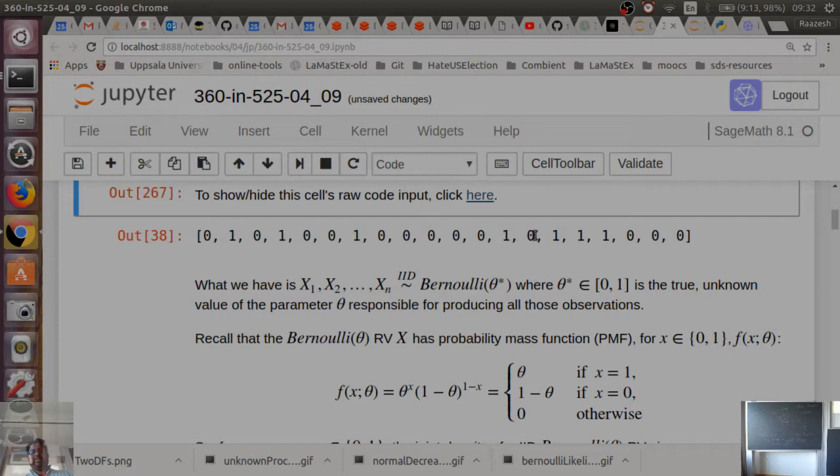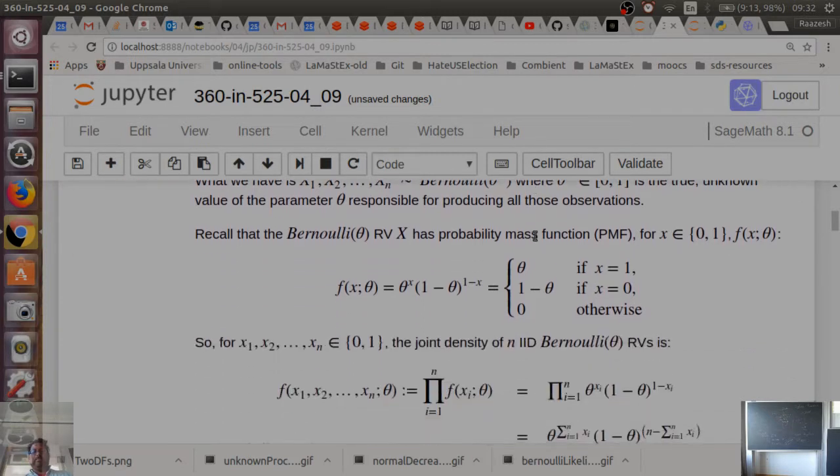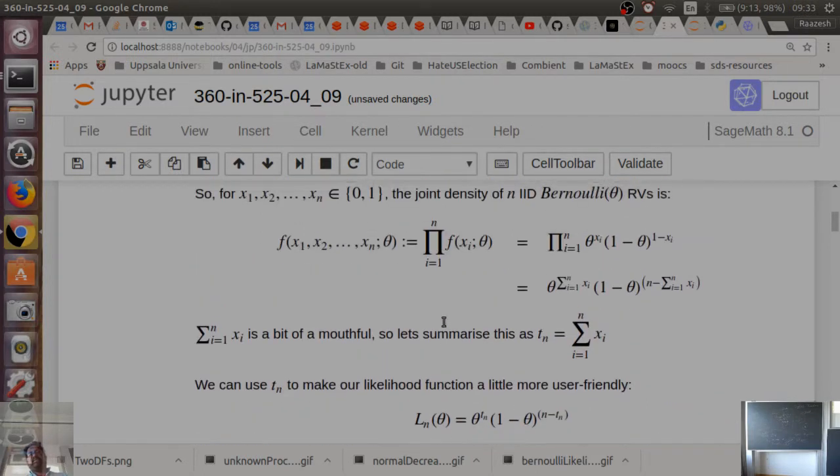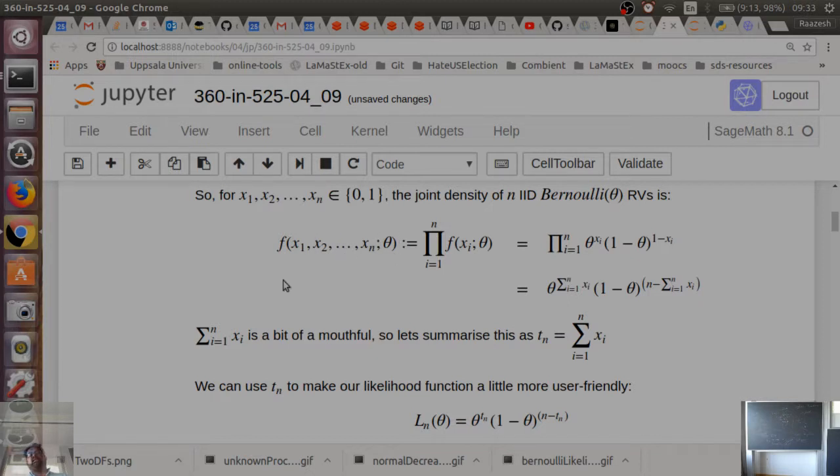That's what's being done here. So here's a sample. If I set up my Bernoulli, I just basically have theta to the x, 1 minus theta to the 1 minus x. That's the mass function. To get my likelihood, I just have to get the joint mass for the data. Because it's just a mass function, I multiply all the individual probability masses, and this nicely comes in this form.